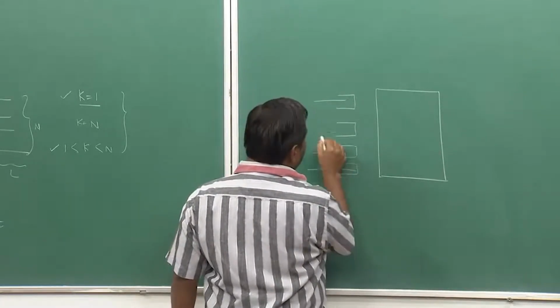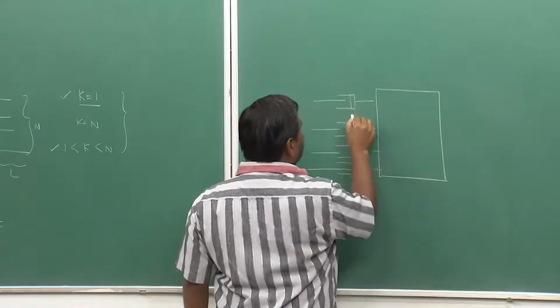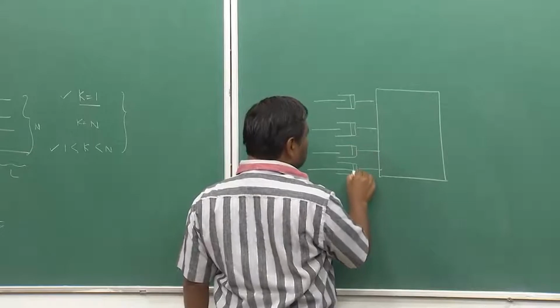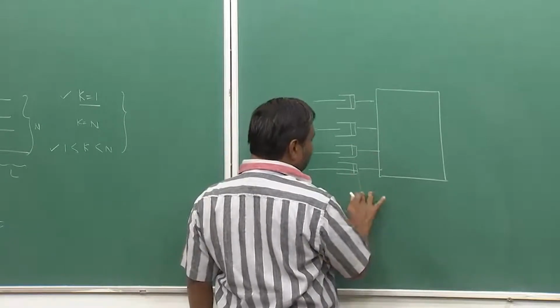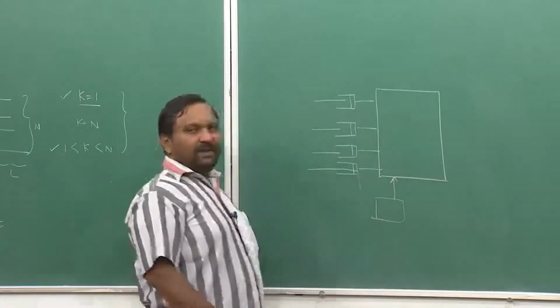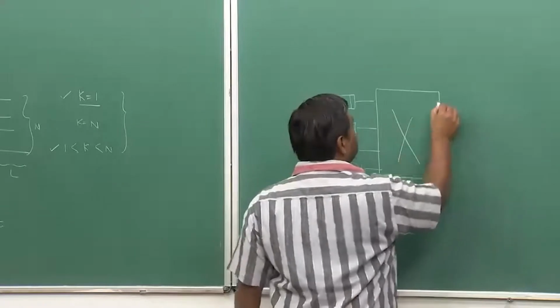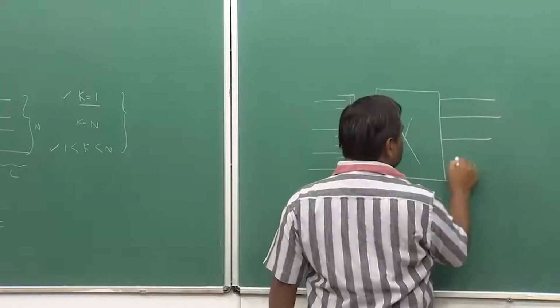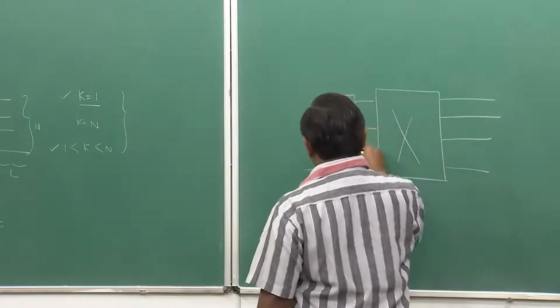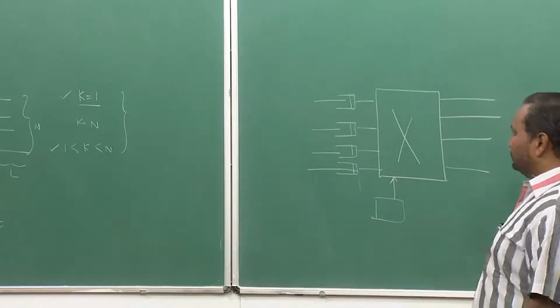I am showing 4 of them, as there are 4 lines. The headers of the packets in the front have been communicated to the controller, and the controller will configure the crossbar. As a result, the packets will be switched out to the outgoing ports.